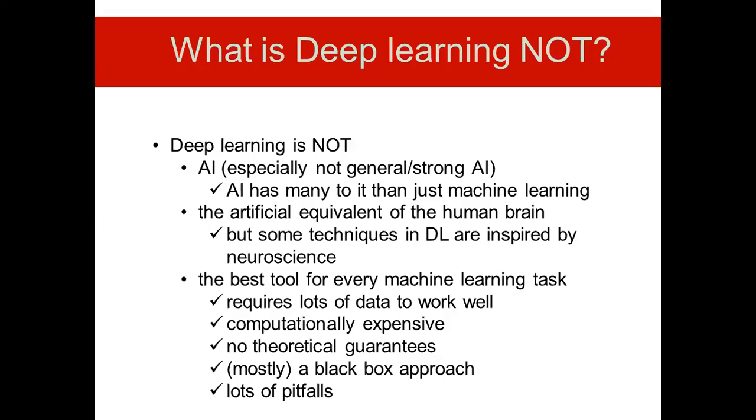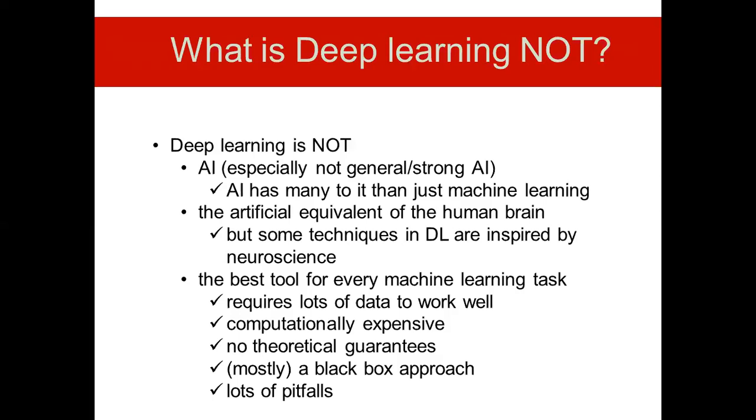Deep learning is not even the best tool for every machine learning task. It is useful for many tasks, but not for all of them. It has some limitations. For example, it requires a lot of data to work well.